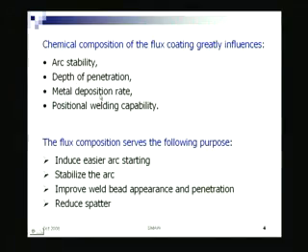By positional welding it generally means any welding position other than downhand, where your metal transfer will be acting somewhat against the gravitational force, right. So these are the aspects: arc stability, depth of penetration, metal deposition and positional welding capability. They are influenced by the chemical composition.